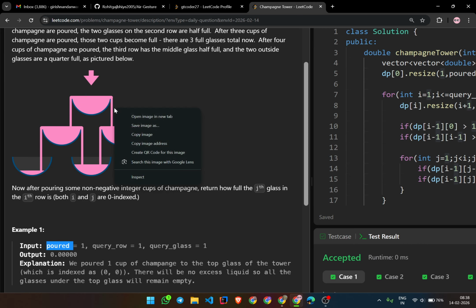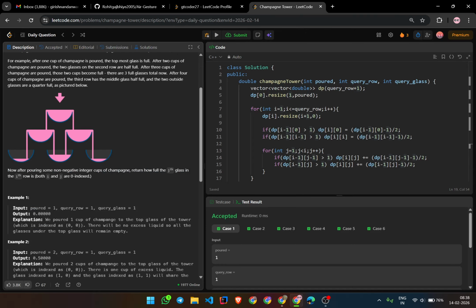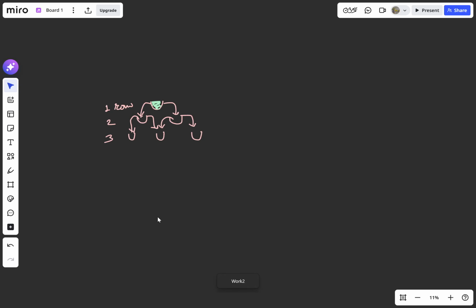So firstly we will take that in this glass the champagne poured is, say, 3, or we can say 4. So 4 glasses of champagne were poured into that first container, the topmost glass.